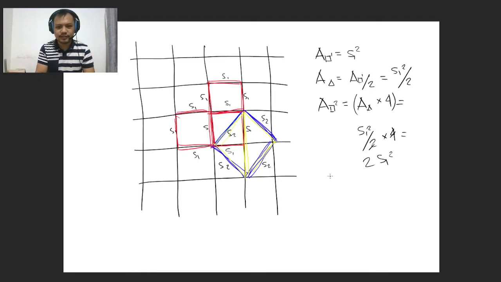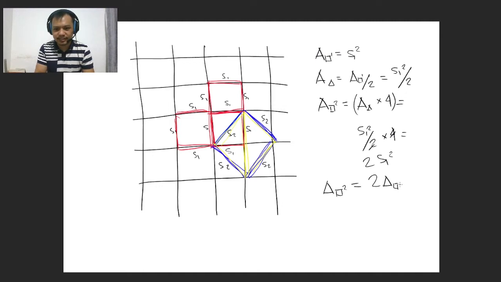So we know for a fact that the area of the new square, so we're going to go ahead and raise that to 2, the second square, is equal to 2 times the area of the first square.